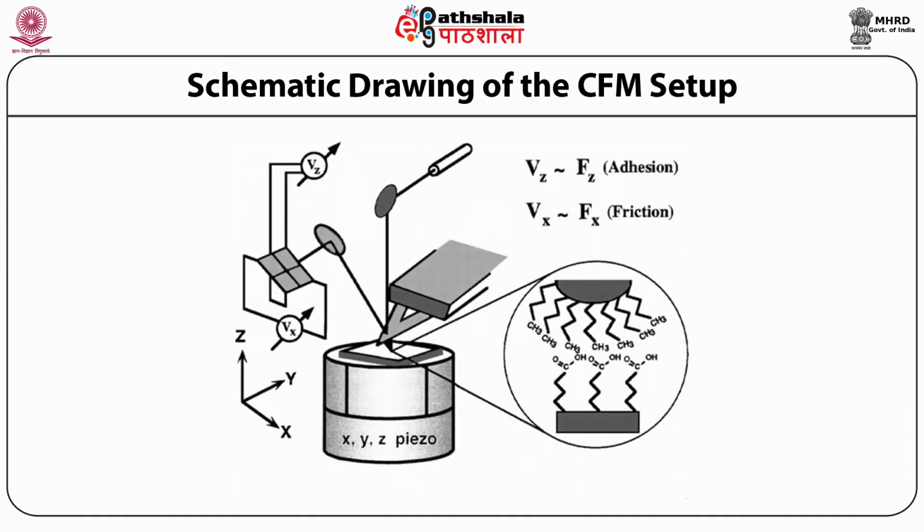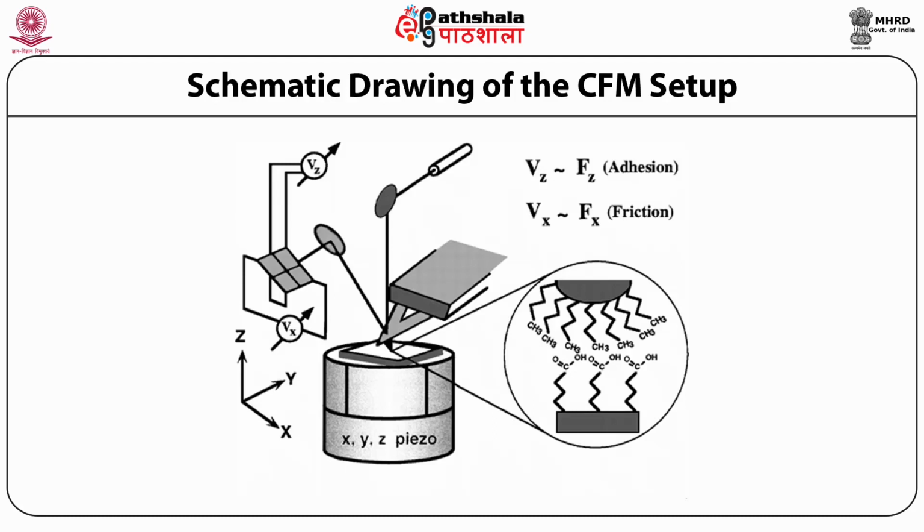When we look at the instrumentation and measurements, we find a typical force microscope consists of an integrated cantilever tip assembly interacting with the sample surface, a detector that measures the displacement of the cantilever, and feedback electronics to maintain a constant imaging parameter such as tip-sample separation or force.